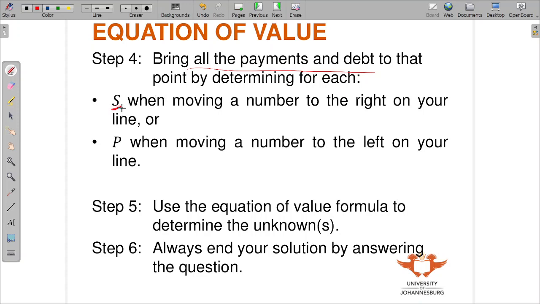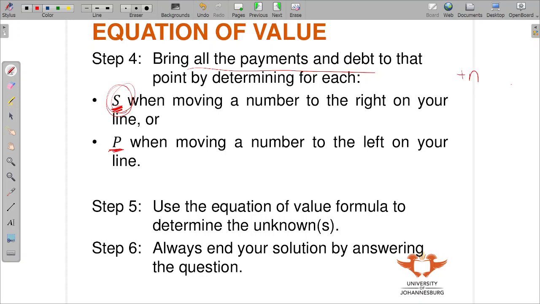Okay. Now, don't forget the formula we mentioned before. When you are looking for the future value of something, you are moving a number to the right on your timeline. So when we are dealing with S, the power is positive.